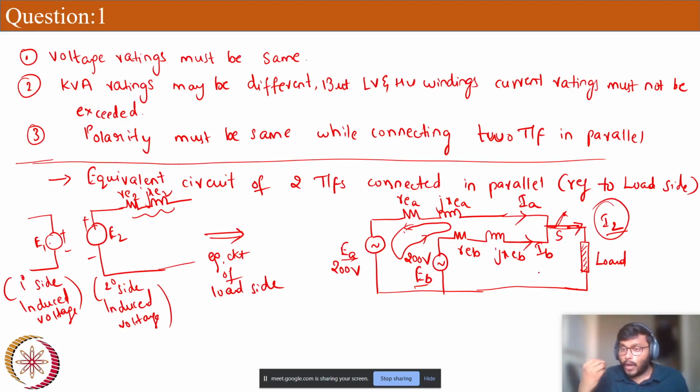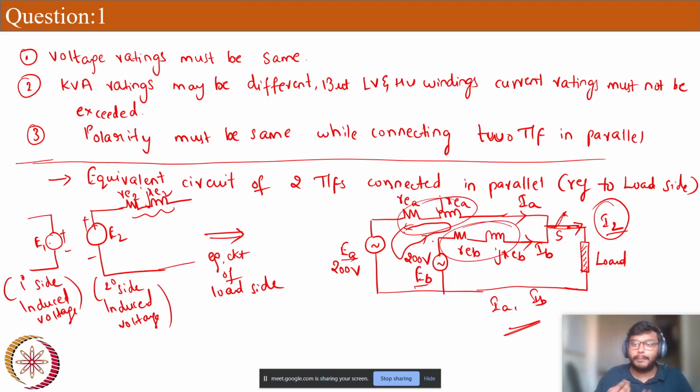But what is the amount of current that should be supplied by EA, and what should be supplied by EB? What should be the values of IA and IB? Who decides the magnitude of IA and IB? The deciding factor here is the impedances.